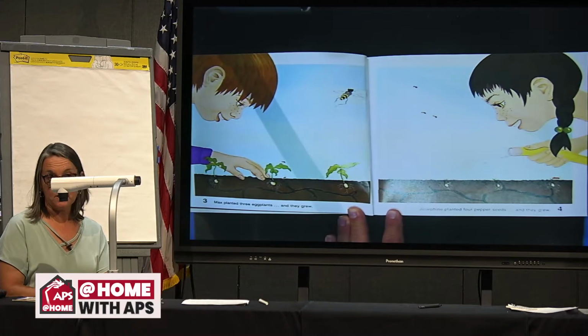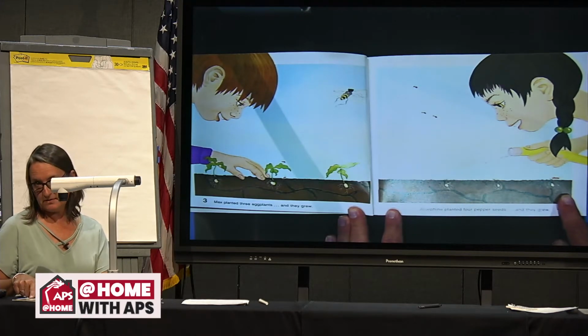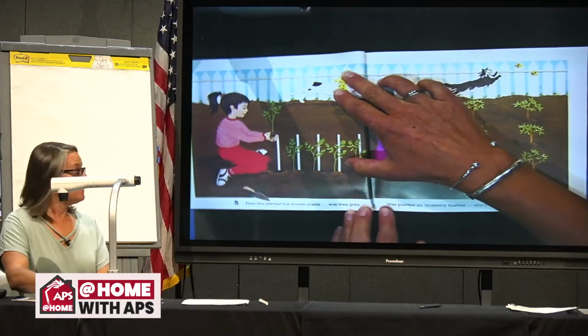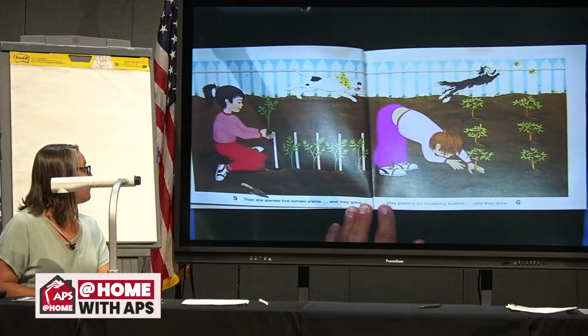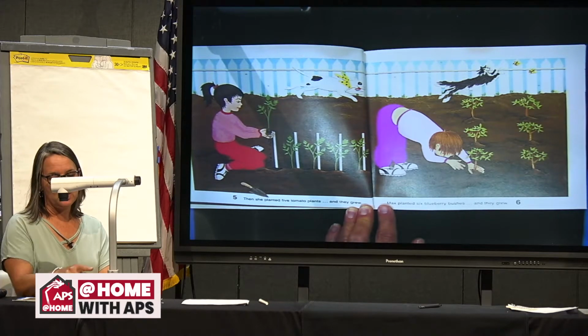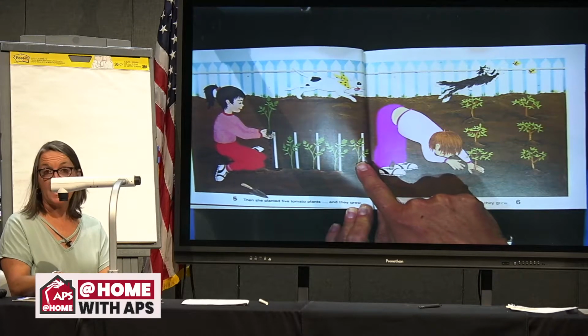Josephine planted 4 pepper seeds, and they grew. Then she planted 5 tomato plants, and they grew.